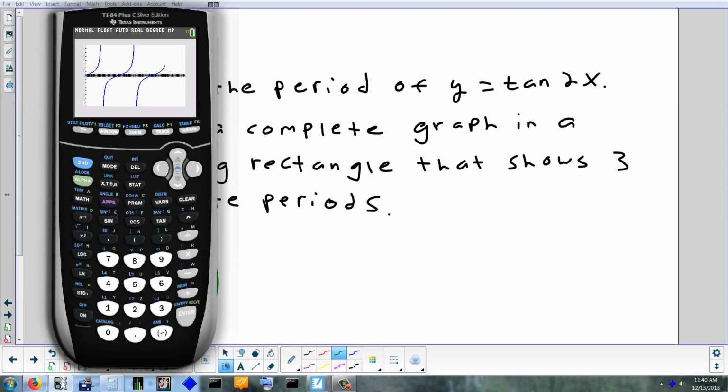But I don't want to do it in degrees. I do want to put it in radians. So let's put it back to 3 pi over 2. And let's do it in radians. You're going to get the same picture. And what you're looking at is 2 full cycles in the middle connected, and a half and a half. So that's okay. I've kind of cut off a cycle, but you're still looking at 3 cycles.